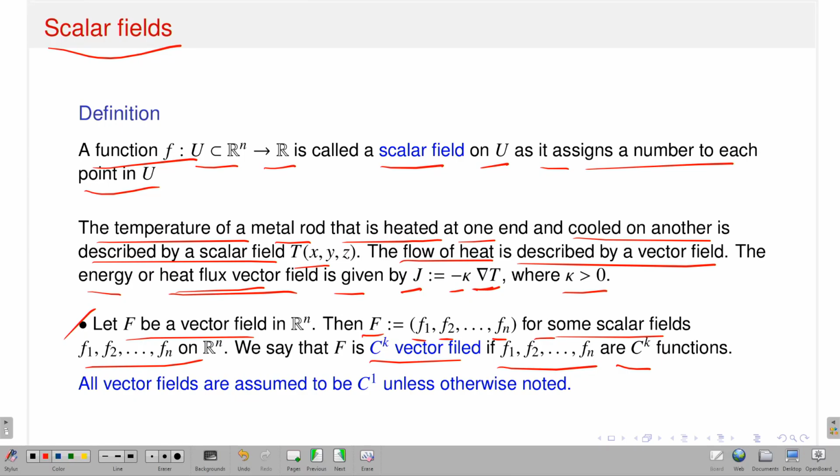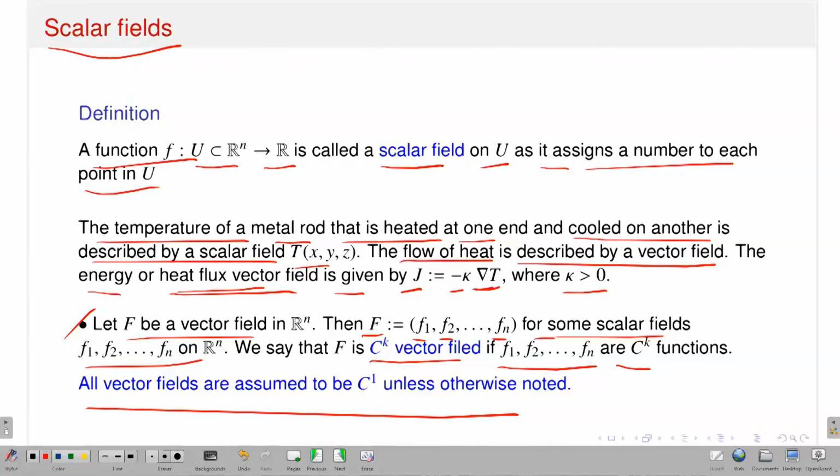So, if capital F is a Ck vector field, since it is a vector field it will be a map from some domain subset of Rn to Rn. It will have n components, and what are the components? Small f1, small f2 up to small fn. Each of them is a map from a domain subset of Rn to R, that means each is a scalar field. I say that capital F is Ck, that means k times continuously differentiable, if and only if the corresponding scalar fields f1, f2, up to fn are k times continuously differentiable.